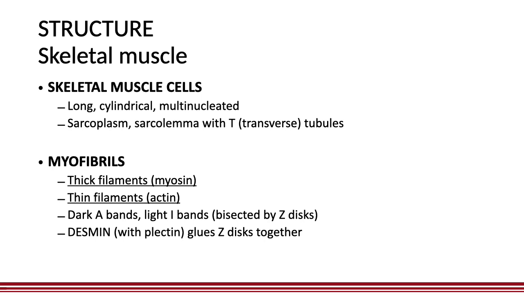These proteins help to control the interaction between actin and myosin and ultimately regulate the rate and intensity of the muscle contraction. So it's not just the actin and myosin interacting with each other. You also have smaller proteins known as troponin and tropomyosin, and they regulate the interaction between actin and myosin.